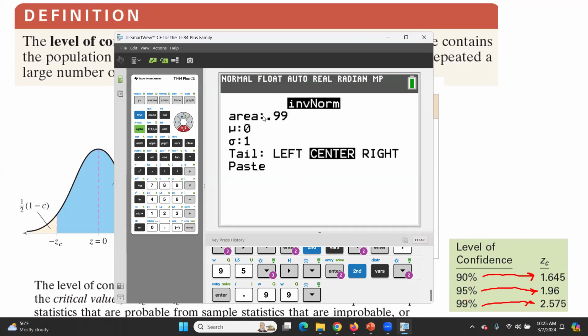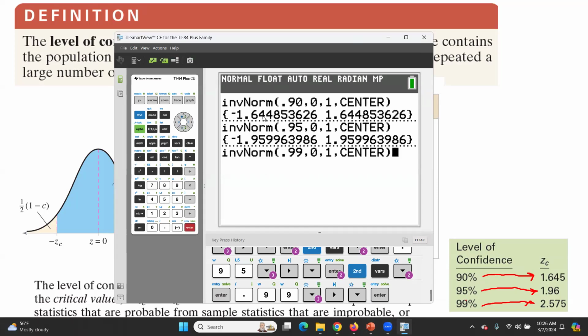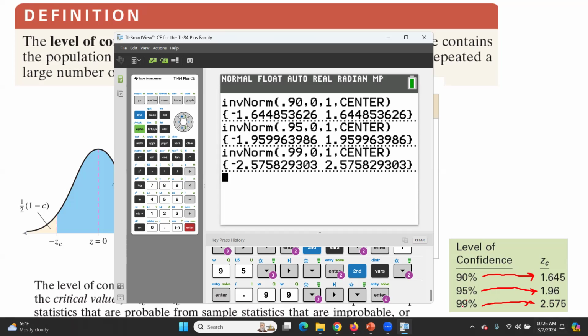Mean must be 0, standard deviation must be 1, and then it must be located at the center. And when you hit paste, again, you see that you have 2.575 or 2.576 as the critical value that is located here on the slide as well. So you either memorize these or you use your calculator to find the critical value.